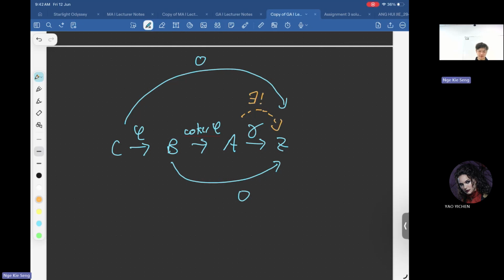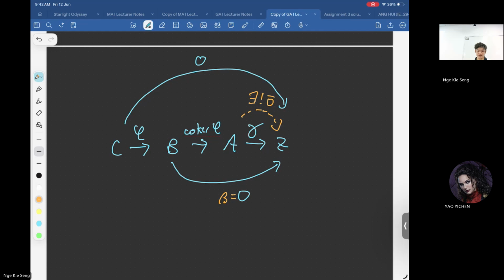There is a unique map, which we call 0 bar, because this is our beta in this case. What's the map we can put here?